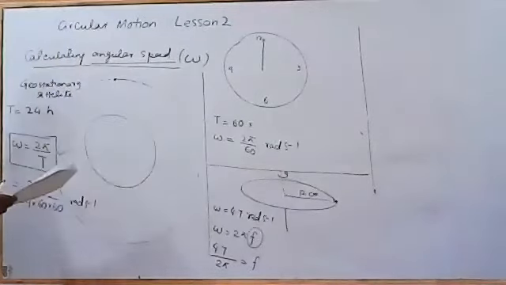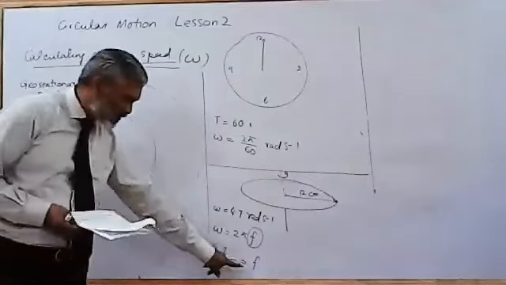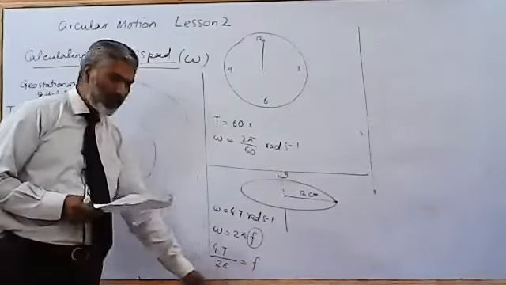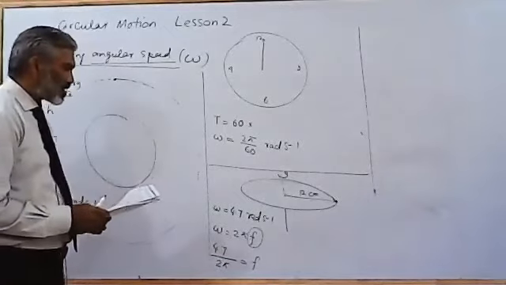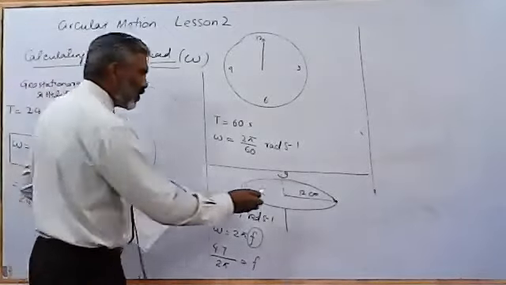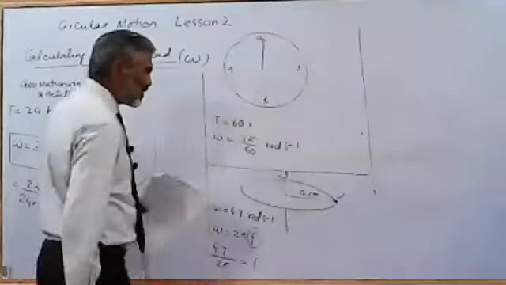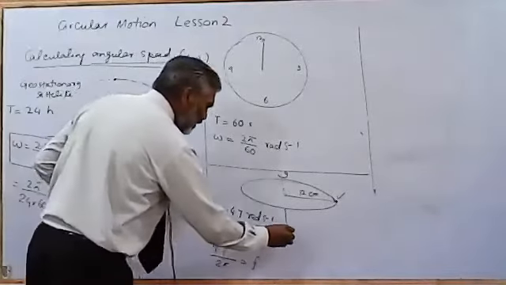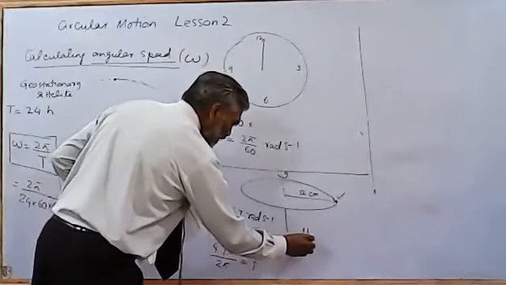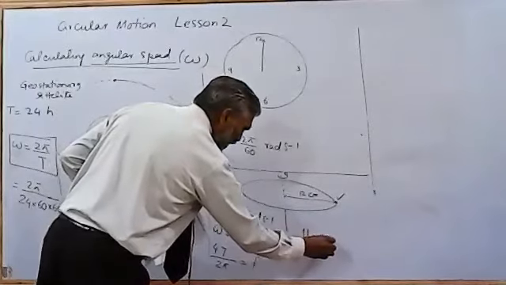So the number of rotations per second is this quantity, which is expressed in hertz. But if we are asked to calculate the speed of this object, which is at the extreme end of the disk, this will be calculated using v is equal to r omega.